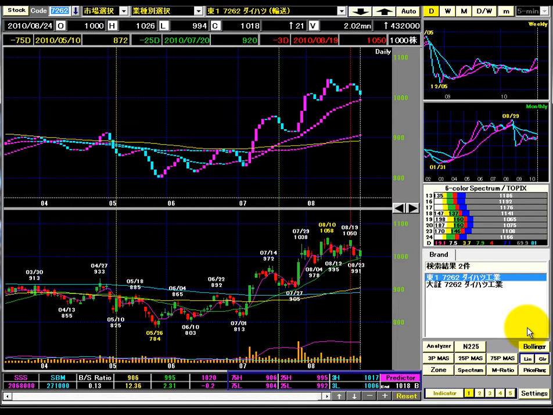So we're now looking at the chart for Daihatsu 7262, and you can see here we have the 3-day MASUDA ASI real body line. This is the short-term MASUDA ASI line. The medium-term, the 25-day real body MASUDA ASI line, and the slower long-term 75-day MASUDA ASI line.